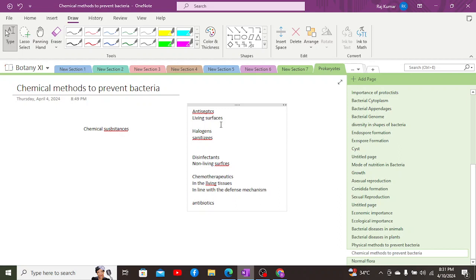After that, antiseptics and disinfectants involve a lot of examples.